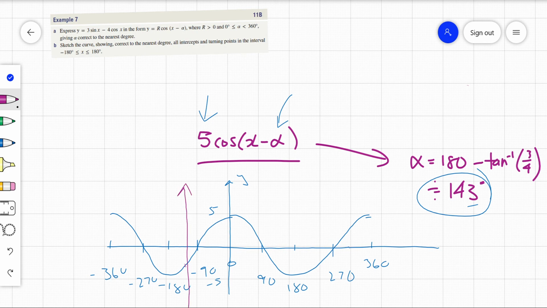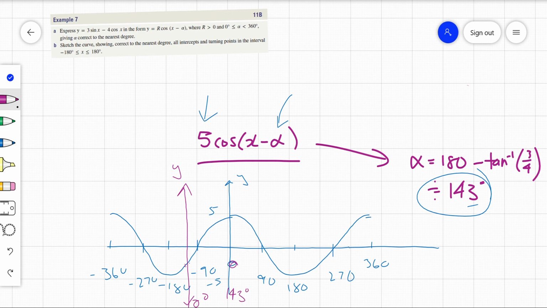This will be our new starting point, so you can do your little working out graph and then do it neater next to it. That's where we're really starting the curve. This will be my new 0 degrees. I'm really just adding to each spot. So if this was negative 143 degrees, I'm adding 143 degrees to it. So this point here, which was originally 0, will become approximately 143 degrees.